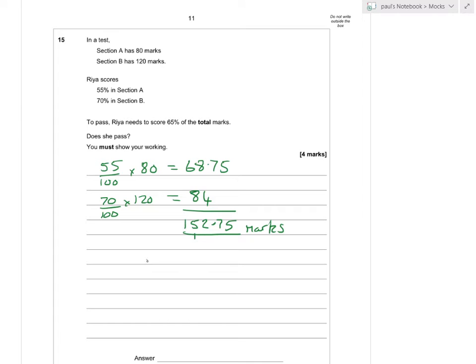Right, so 152.75 out of 200 equals. So 152.75 divided by 200 equals times 100. 76. I don't think that's the right way of going about it.